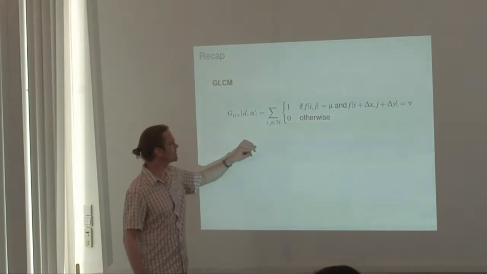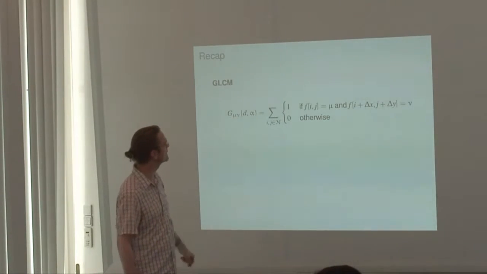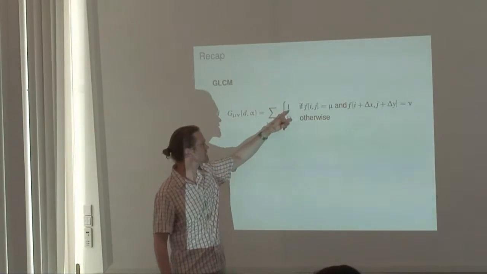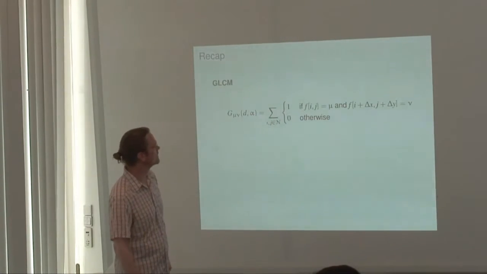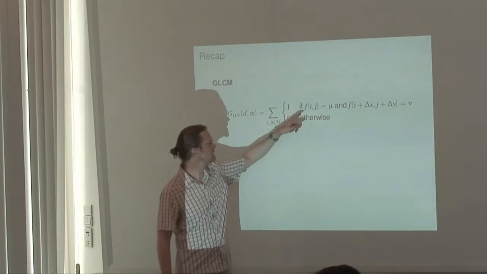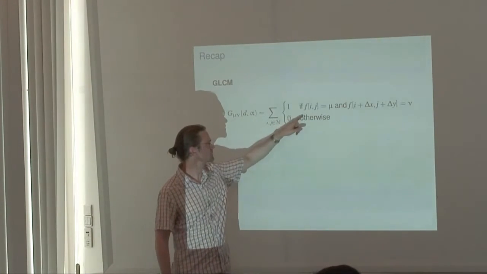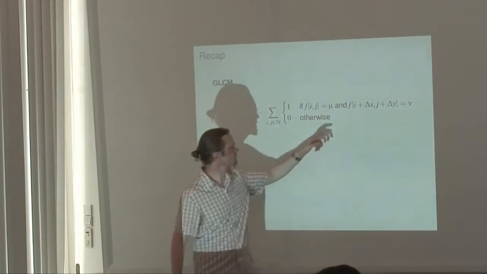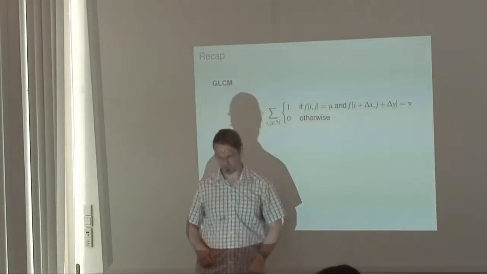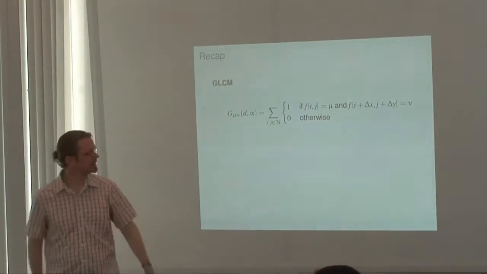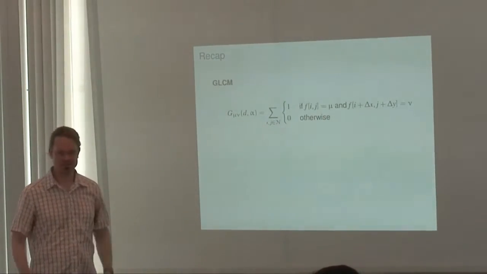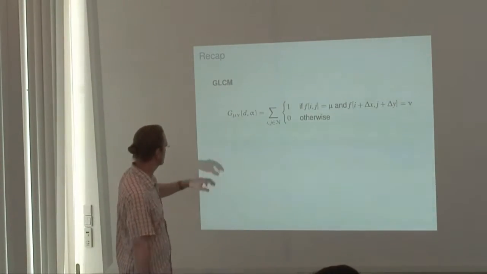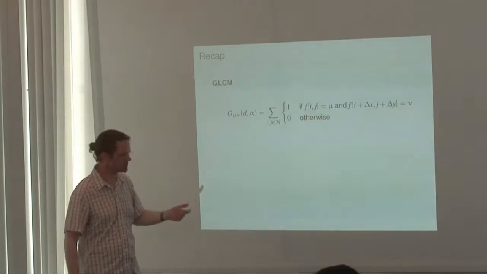The entry of this matrix depends on two parameters, d and alpha, which I'll talk about in a second. We set the entry to the number of pixels in that neighborhood for which one of the pixels, say Fij, has a value of mu, and then we look at a certain displacement from the pixel Fij, and if that one has a value of mu as well, we increase the entry of this gray value occurrence matrix by 1.